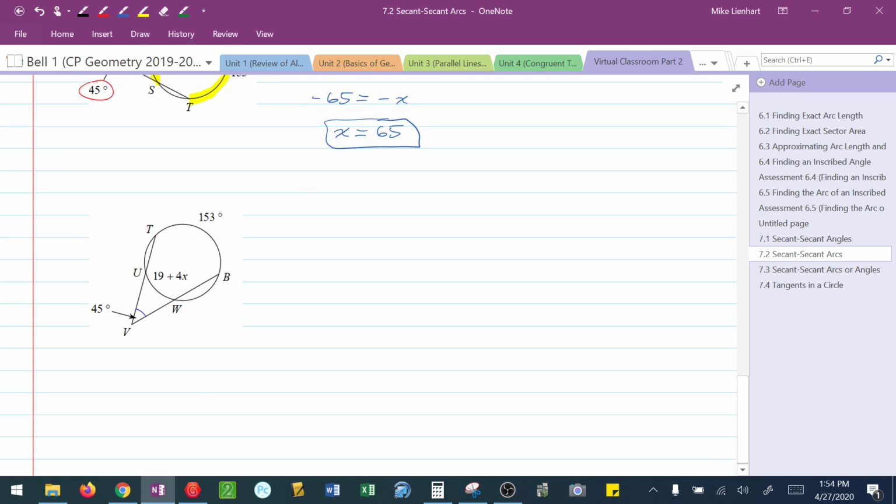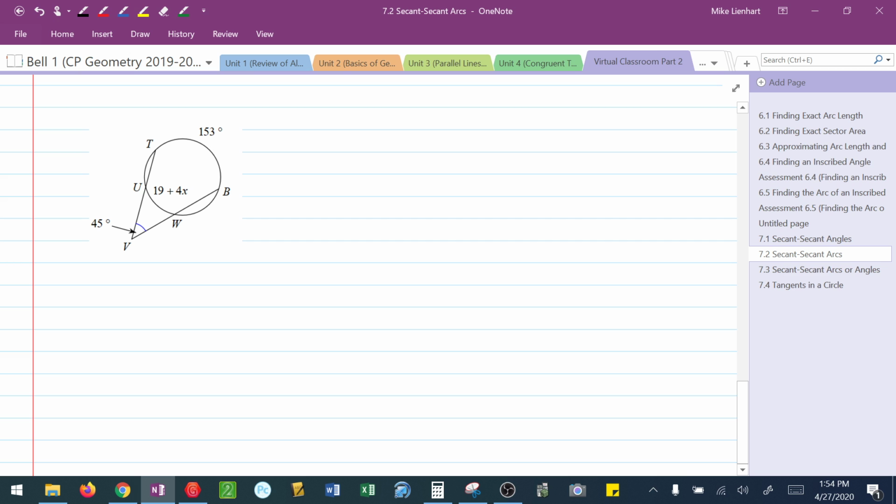All right, try one more of these. I see a secant, vertex out. There's the angle. Here's its arcs. Okay, I know that the angle equals half of the arcs subtracted.